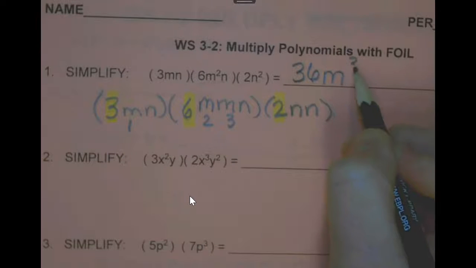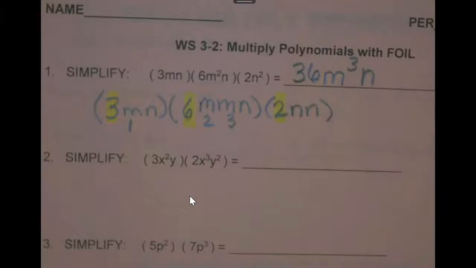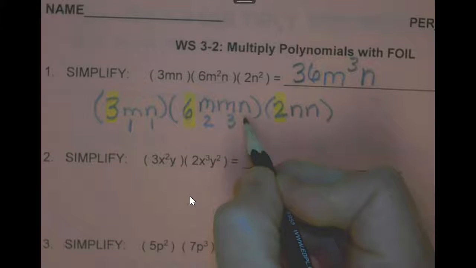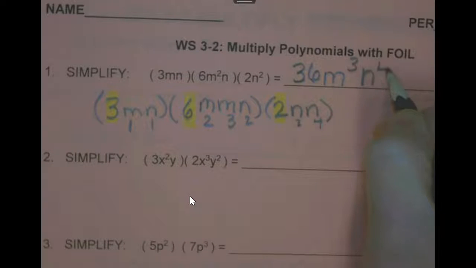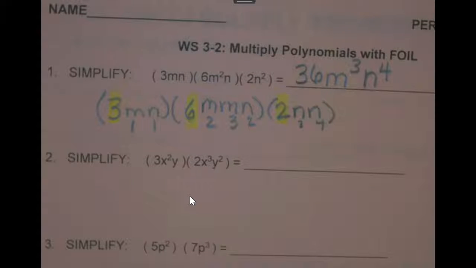That's m to the third power. How many n's do I have multiplied together? 1, 2, 3, 4. So that is how you multiply a monomial times a monomial.